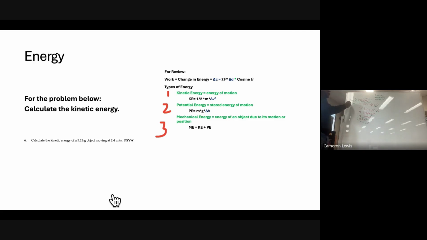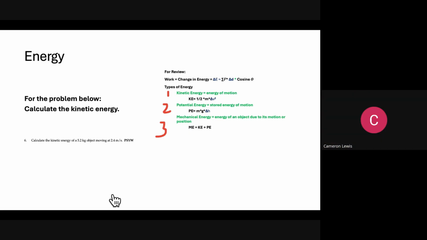Physics, then math. Make sure you set up the physics right, then for the math you literally just put it in a calculator. And if we look here, same answer.